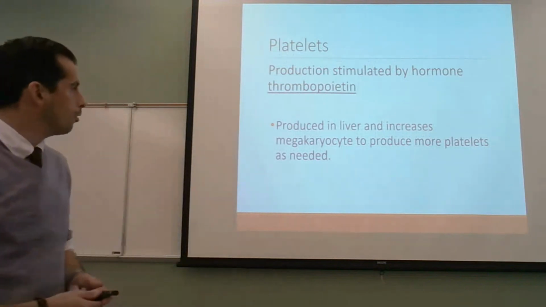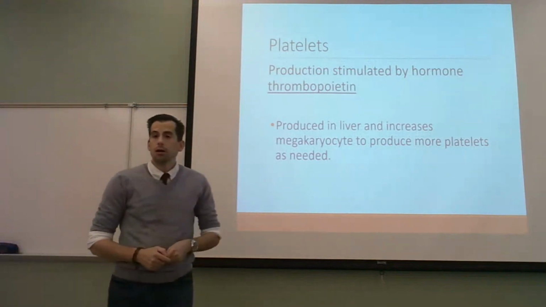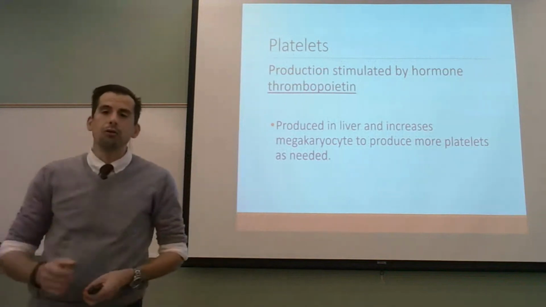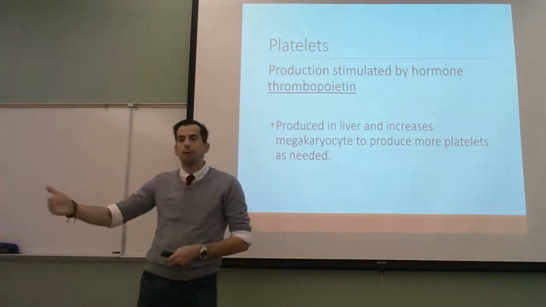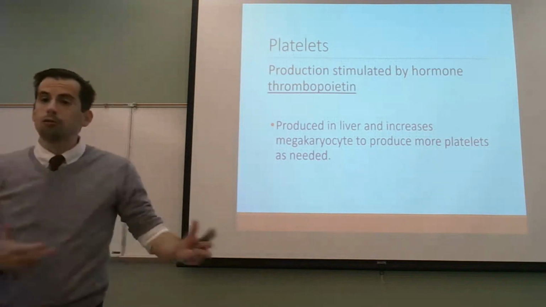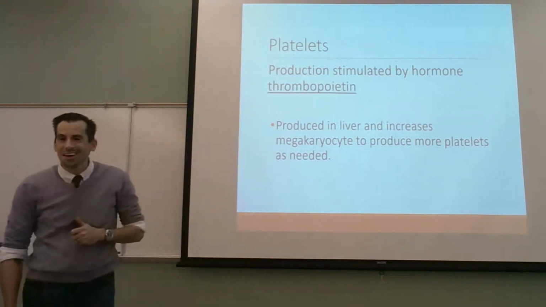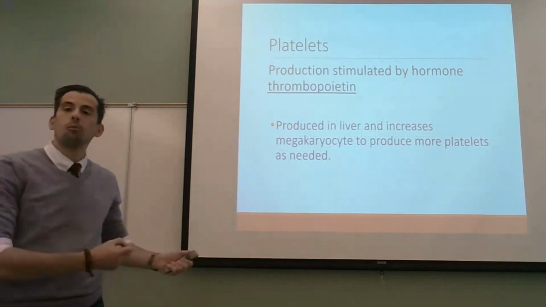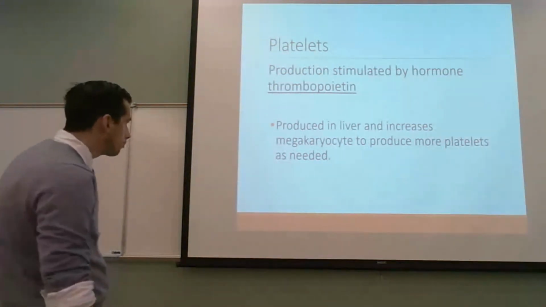So if we are talking about a small cut, for example, to simplify this down, you should have adequate platelet counts circulating throughout the blood to handle small vascular damage. If that continues on for long periods of time, multiple small traumas or a smaller number of larger traumas, then we will see thrombopoietin kick in and increase that platelet circulation because you're going to be consuming them more in the vascular repair of those multiple sites.